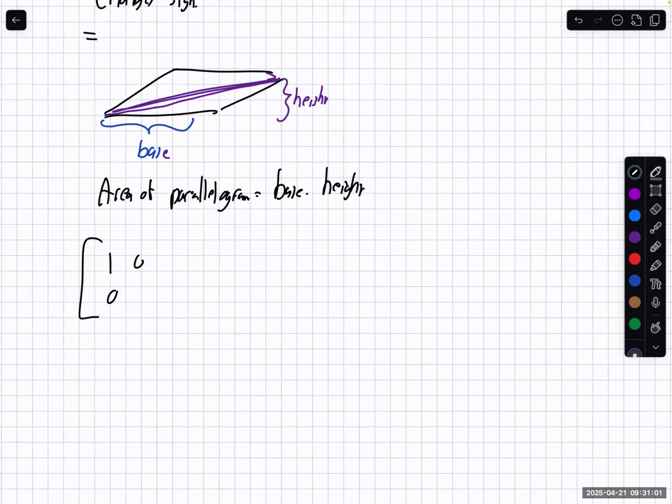Okay, so I've got my 1, 0, 0, 1, where the determinant is 1. Let's see, I'm going to replace row 1 by, I think, 3 times. Actually, I think you can see the picture.